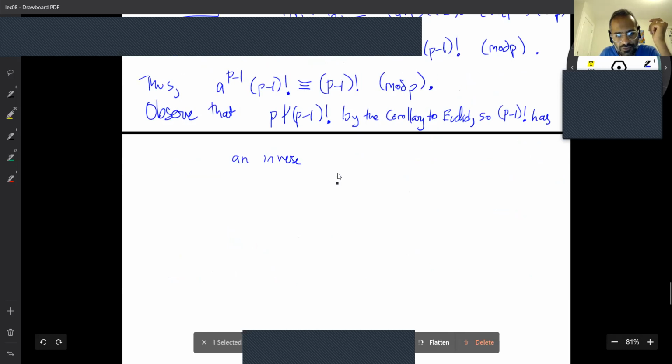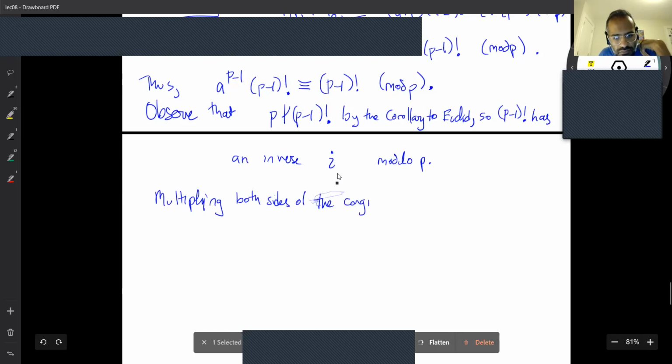Let's call it, I don't know, I, modulo p. And now if you multiply both sides of the congruence by I, you get a to the p minus 1 congruent to 1 modulo p, as desired.